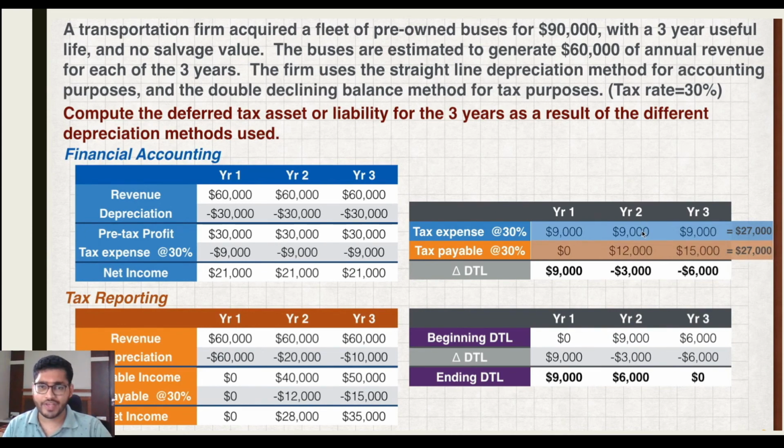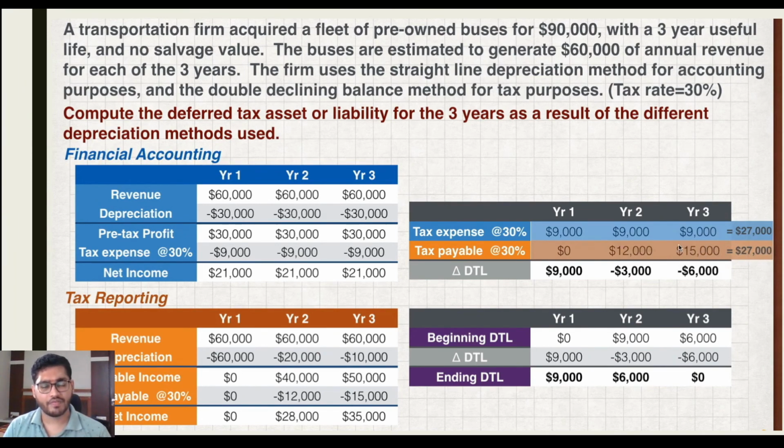For year two, we have tax expense of $9,000 and tax payable of $12,000. So we get a negative change in deferred tax liabilities of 3,000. The ending DTL of year one is the same as the beginning of year two. So when we add the change of negative 3,000, we get $6,000.